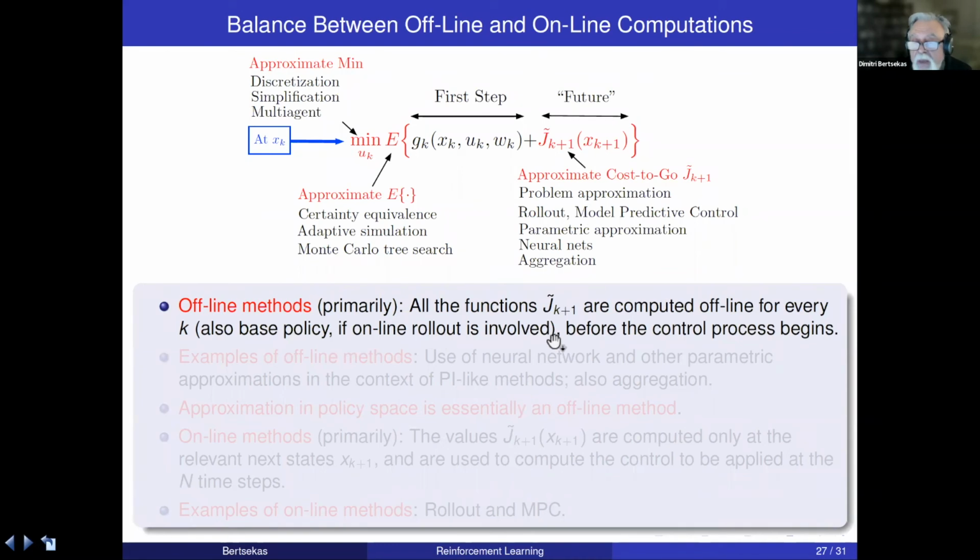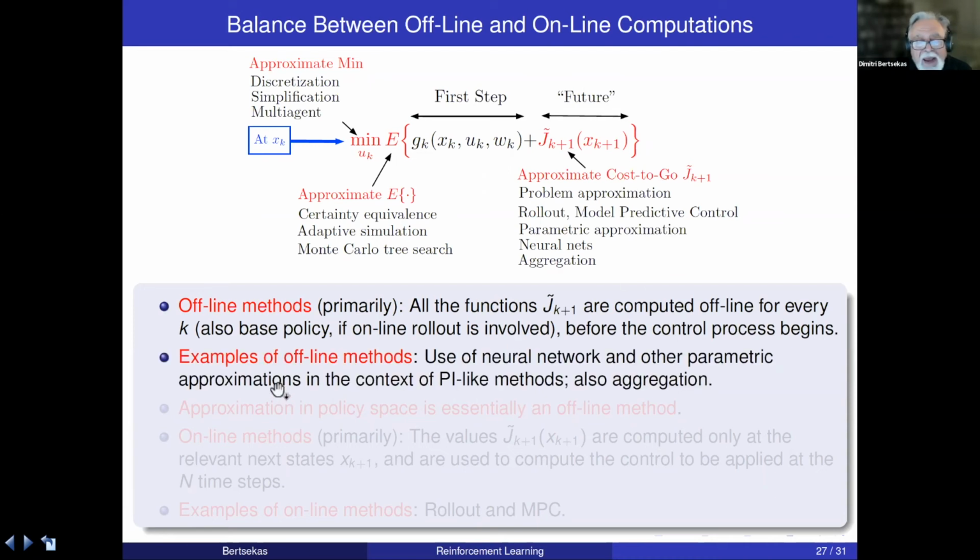Base policy may be involved, but the main thing is that these J tildes are mostly computed offline. And examples of this are when a neural network is involved. Aggregation is also an offline type of method. Also, approximation in policy space to obtain policies to roll out is again primarily an offline method.